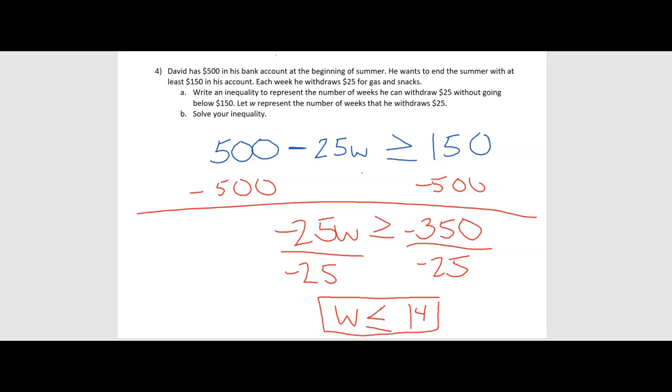So he can withdraw $25 for up to 14 weeks, right? Any amount of weeks up to 14 is okay. But if he withdraws 15 weeks, if he withdraws $25 15 times, then he's going to have less than that $150 that he wants to keep in there. So we can write out a little sentence.